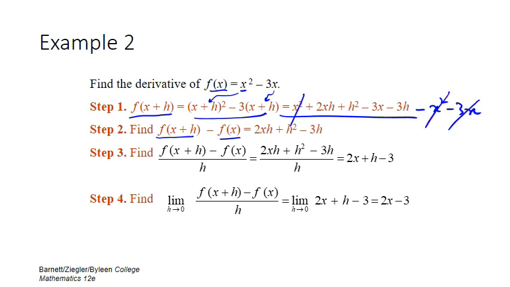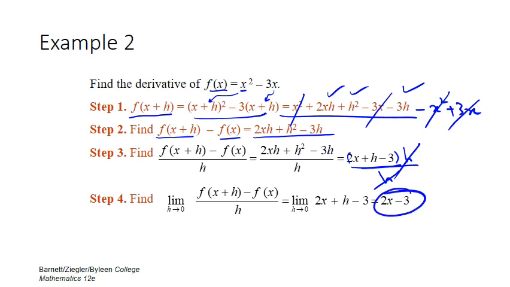Minus 3x and plus 3x cancel out, and you get these three terms. Then we take their quotient with h. This h comes out and cancels out with the denominator, and we get this function. When you apply the limit, you will get the required derivative.